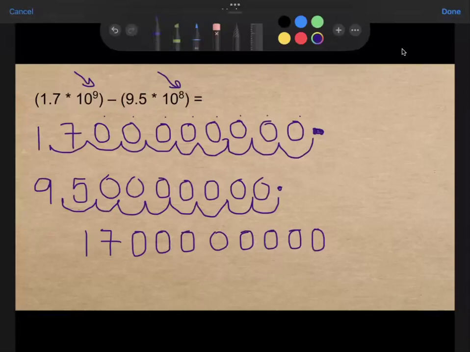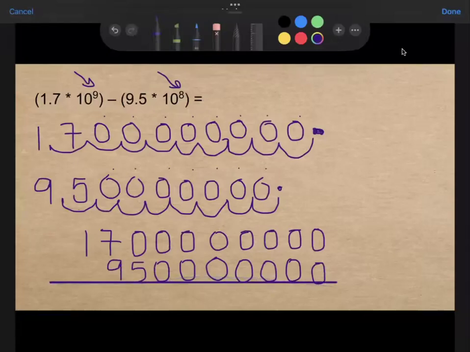That bottom number has 7 zeros. 1, 2, 3, 4, 5, 6, 7. And then it's got a 5 and a 9. So missing that one exponential number does slide the place value around. So 0, 0, 0, 0, 0, 0, 0.